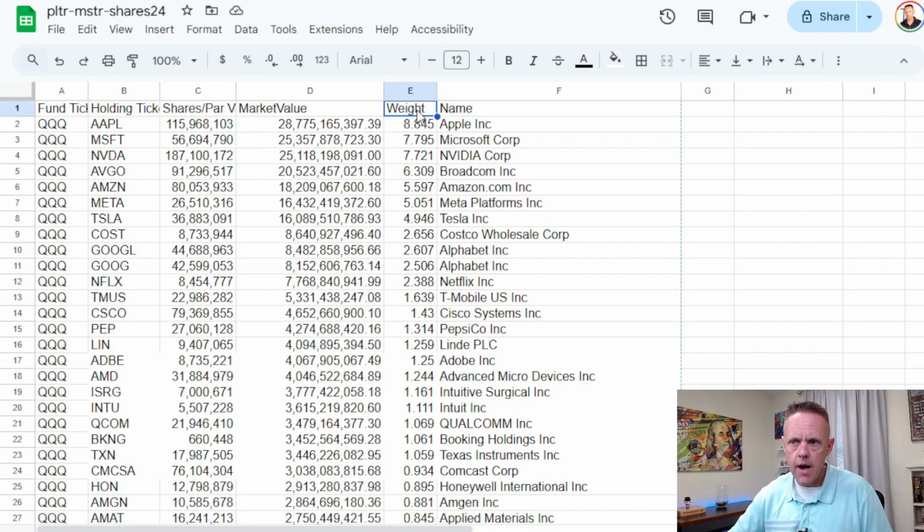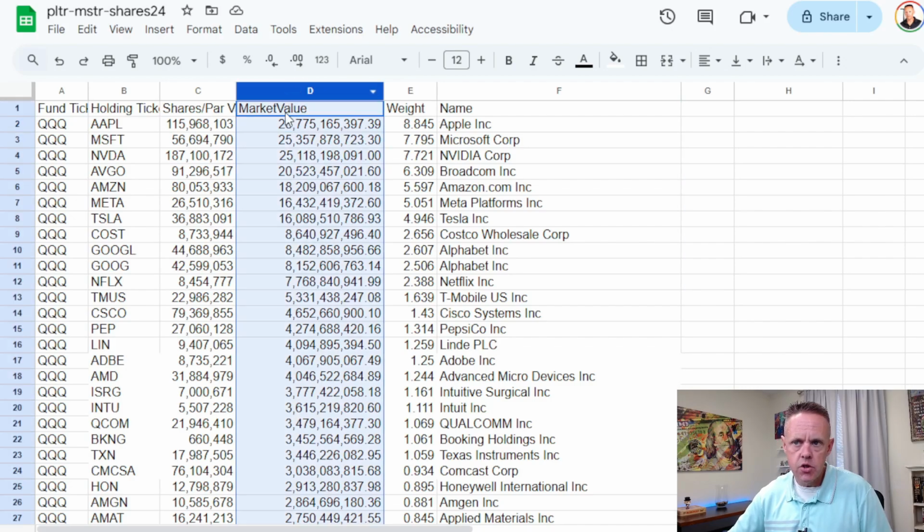Also off to the side, we have this weight index, which is basically a percentage, right? All of these numbers in this column add up to 99.9% of the fund. So we know the market value of each holding, and we know what percentage that plays.